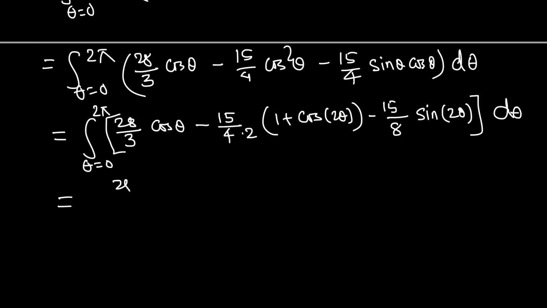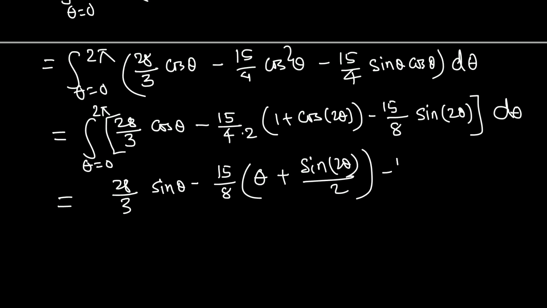Antiderivative of cosine is sine, so this is 28 over 3 sine theta minus 15 over 8, inside antiderivative of 1 is theta, plus antiderivative of cosine is sine, minus 15 over 8, antiderivative of sine is negative cosine 2 theta over 2, and we need to evaluate from 0 to 2 pi for theta.